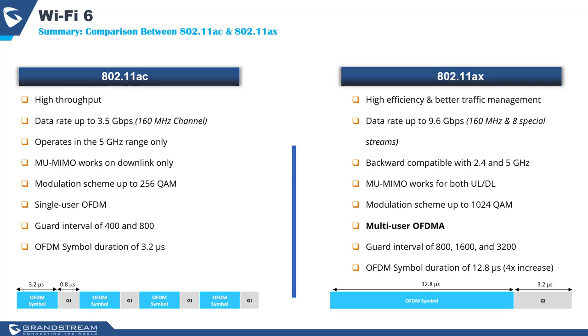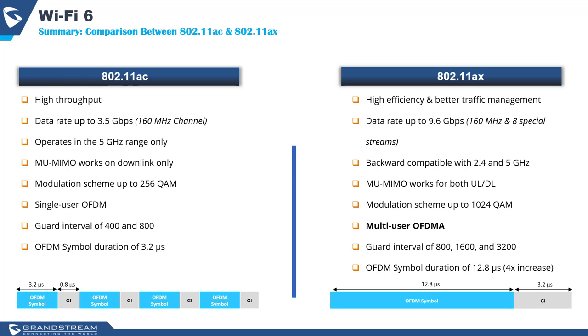It operates only in the 5 gigahertz range. It uses multi-user MIMO technology for downlink or download only, and a modulation scheme up to 256 QAM. It uses single user OFDM, which I just explained. That means each user will have to use the whole channel to send and receive.